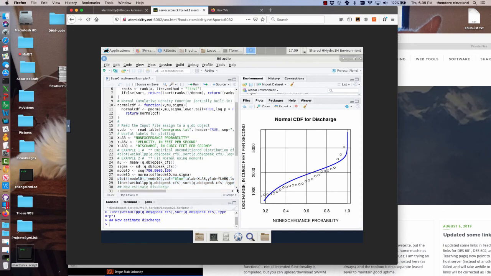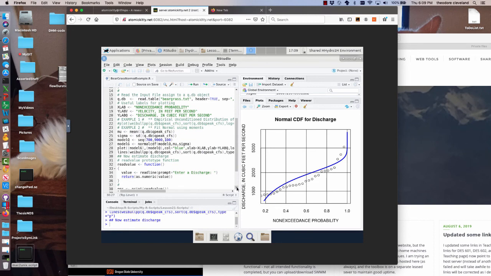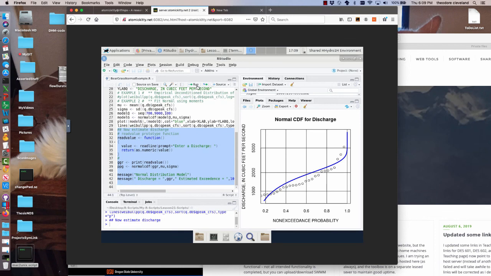And so let's suppose the blue line is our probability estimation model. We've decided that's what we're going to make our decisions on. Let's now go ahead and, there we go.